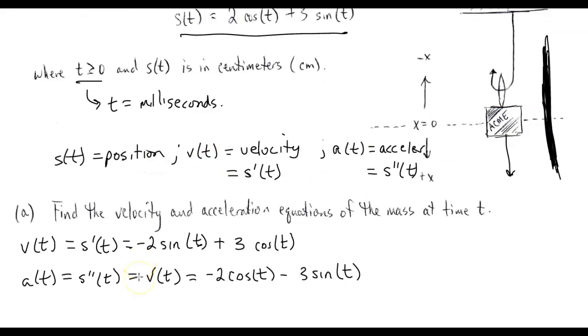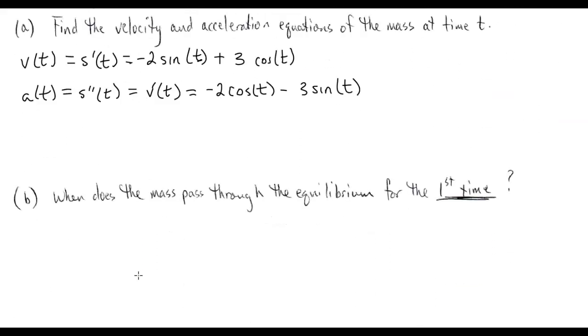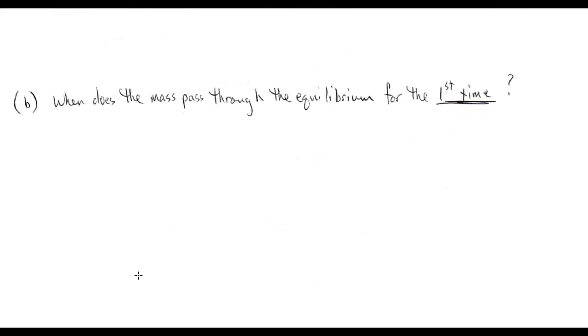Okay, so we're going to go ahead and move on to our second example here. So for our second example, we're asked, when does our mass pass through the equilibrium of our system for the first time? And the key phrase there being the first time.